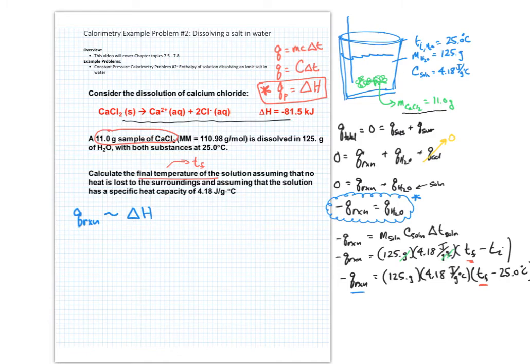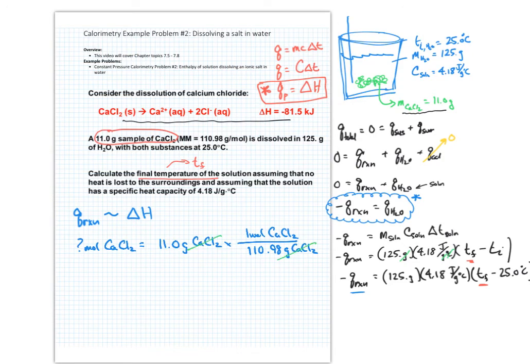We don't have a mole. We only have 11 grams. So what we need to do is we need to find out how many moles we actually have, and then we need to do a simple calculation that relates to a thermochemical equation. So let's do that. So let's find out how many moles of calcium chloride we have. So moles calcium chloride is equal to 11.0 grams CaCl2 times 1 mole CaCl2 for every 110.98 grams CaCl2.